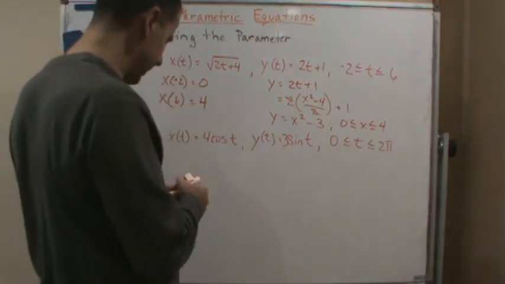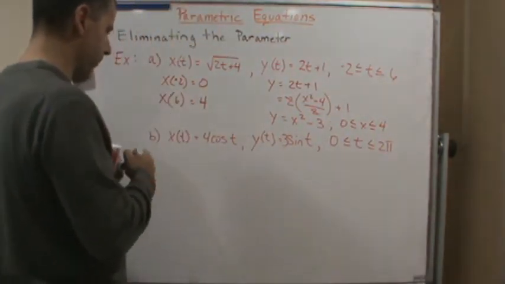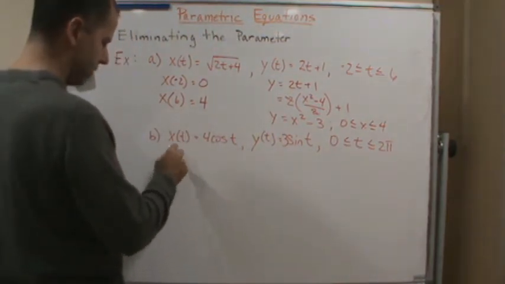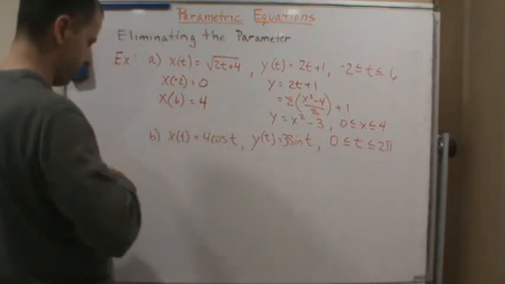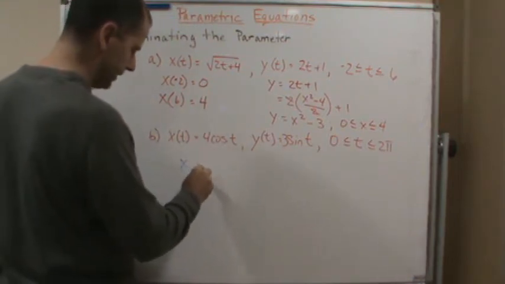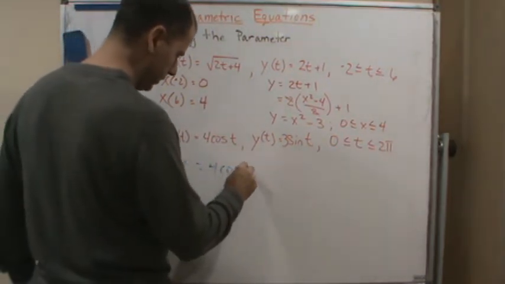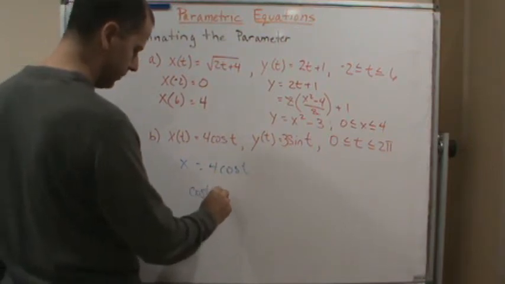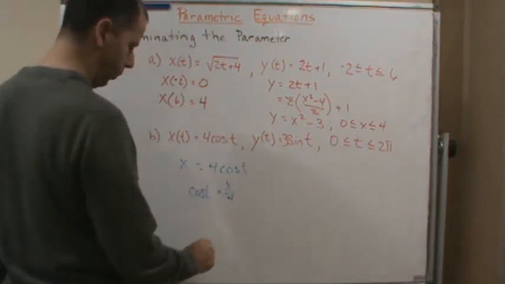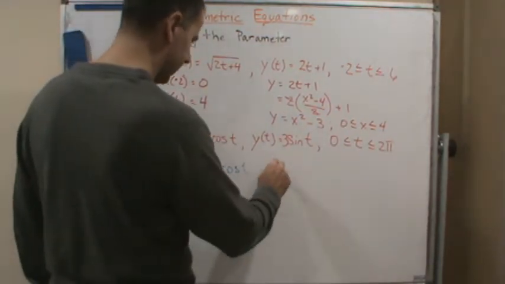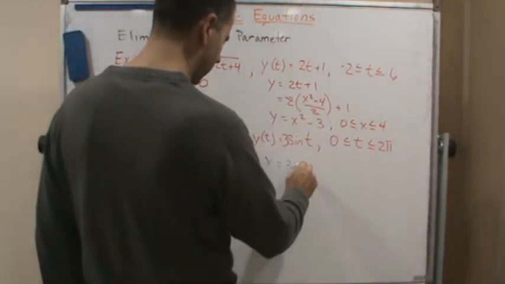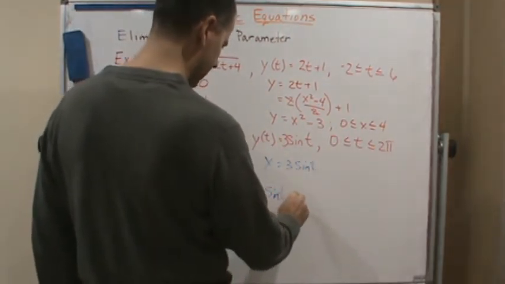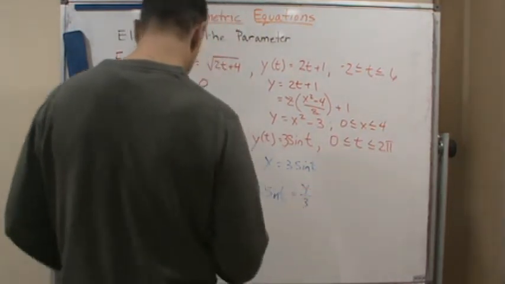So let's rewrite this in terms of the trig functions. x is equal to 4 cosine t, so that tells us that cosine t is equal to x over 4. And here we've got y equals 3 sine t, and so we can write sine t is equal to y over 3.